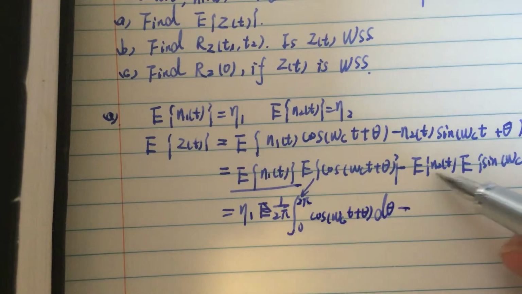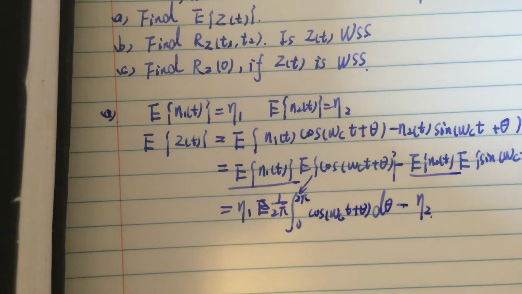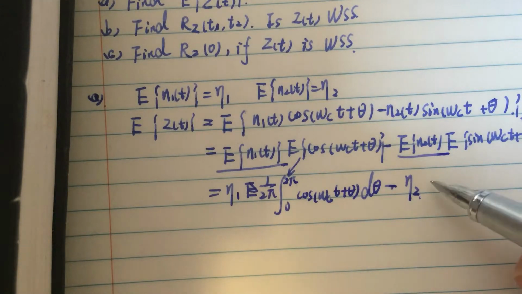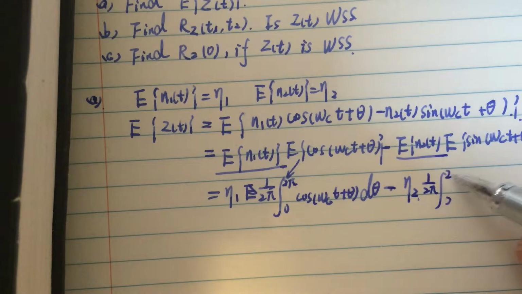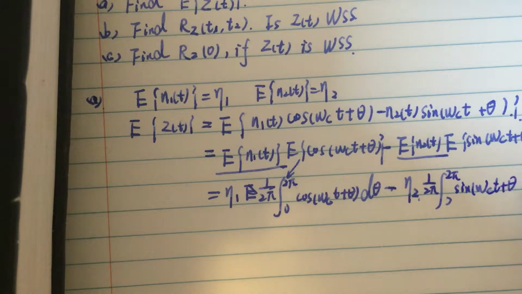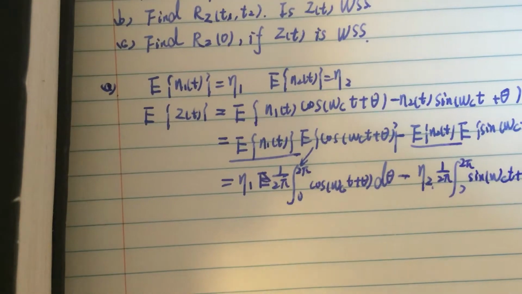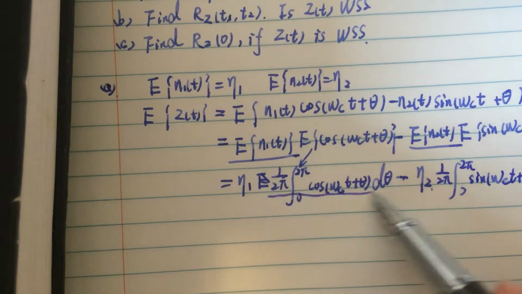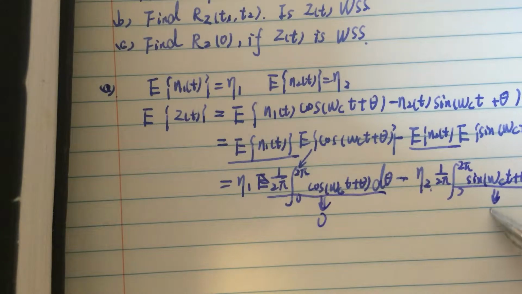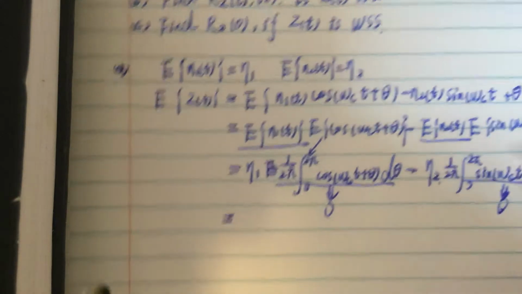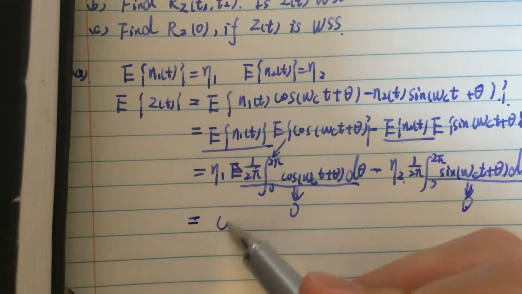And again, this one is lambda 2 times 1 over 2 pi, the integration from 0 to 2 pi of sine omega c t plus theta d theta. And we know that this one and this one are both 0, so the whole formula is equal to 0.